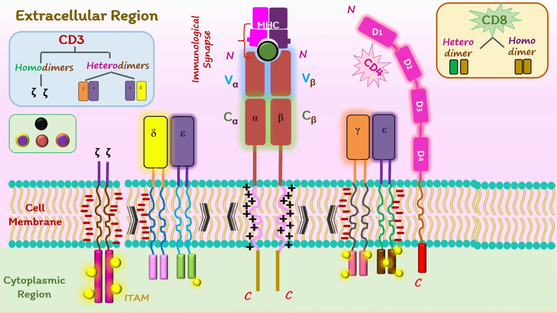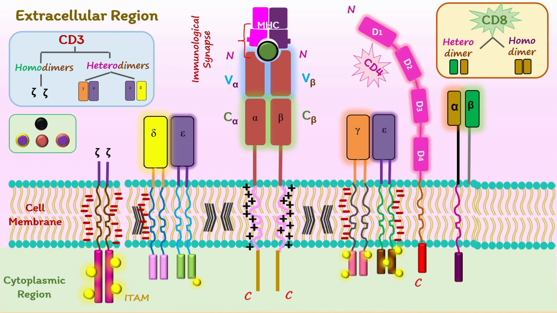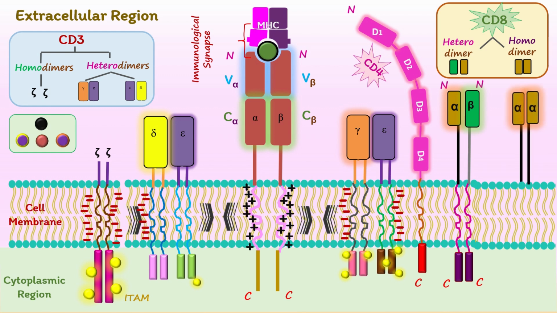In case of heterodimers, one is the alpha chain with 1 domain, then a transmembrane domain, then a cytoplasmic domain. Similarly, in the beta chain, there is 1 domain, then a transmembrane domain, then a cytoplasmic domain. These chains also have N-terminal and C-terminal. The CD8 co-receptor can be a homodimer, meaning both chains can be alpha, having 1 domain, then a transmembrane domain, then a cytoplasmic domain.